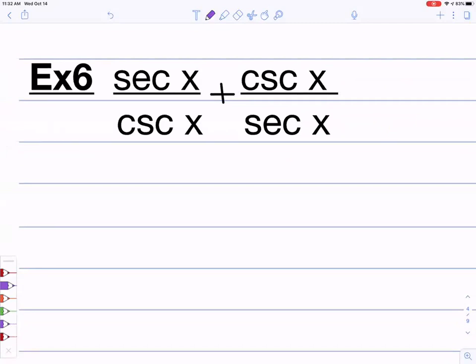So what would you like to choose to do? Would you rather get sines and cosines, or would you rather get a common denominator from the start? Common denominator? All right. I would have said okay to whichever one you chose because I don't really care. So my common denominator is cosecant times secant.